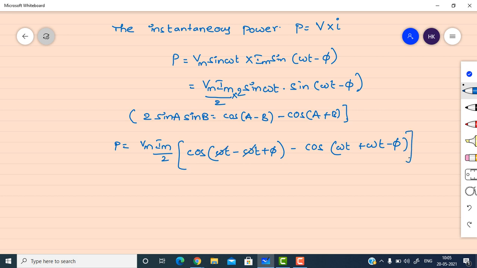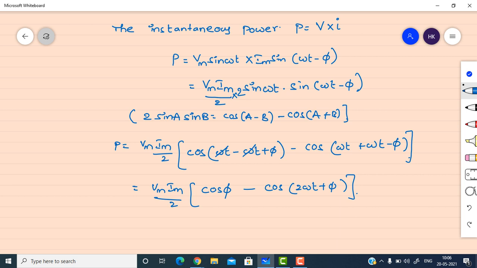Here these two will get cancelled. And we get Vm Im by 2 times [cos φ − cos(2ωt − φ)]. So this is the instantaneous power.